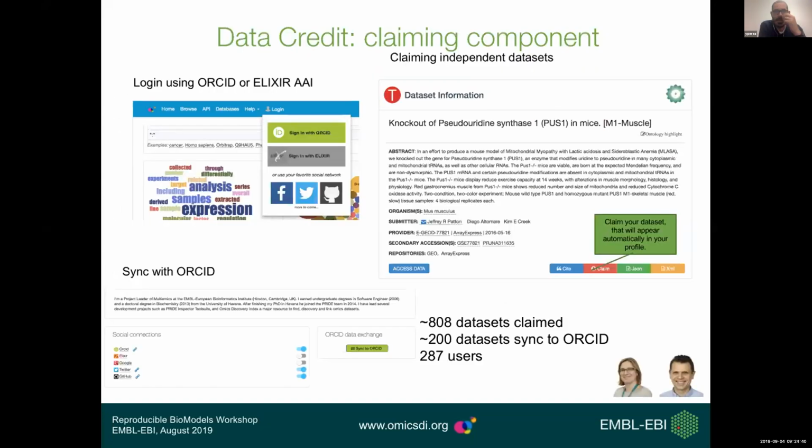The last feature we have implemented in OmicsDI, and I think this is really important, is that we want researchers to deposit more of their data. And for doing that, I think we need to give some credit to whoever has produced the data and made their data public. In OmicsDI right now, you can log into the system with ORCID, and you can claim your data sets.